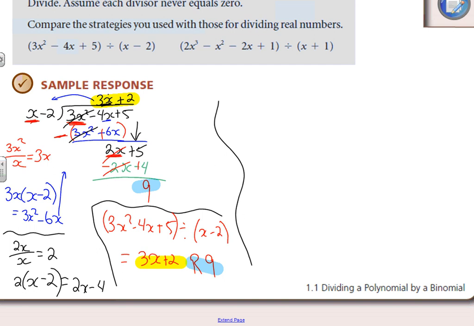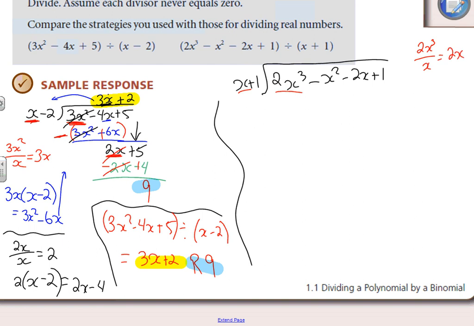All right, speeding up a little bit more, trying this next one here. 2x cubed minus x squared minus 2x plus 1 divided by x plus 1. Step number 1. 2x cubed divided by x.